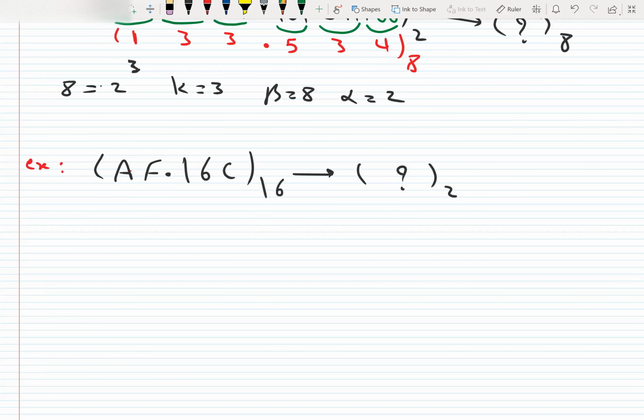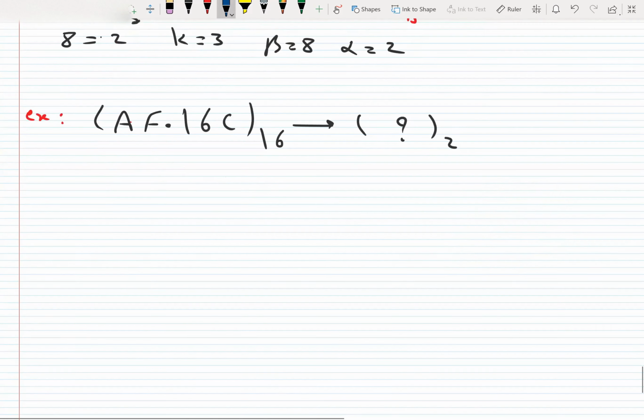Because we are converting from higher base to lower base, and of course we have this relationship between the bases, we can use the shortcut method. If this relationship is not true for our bases, we cannot use the shortcut method.